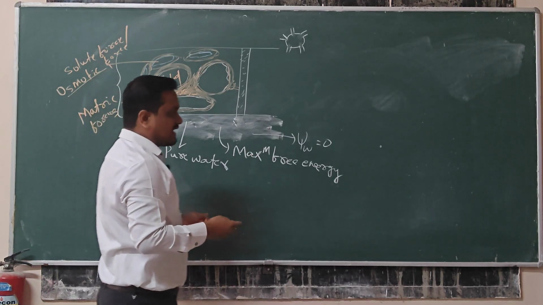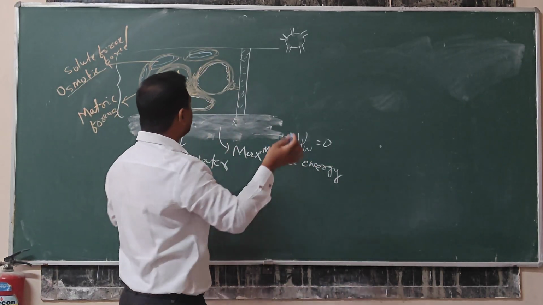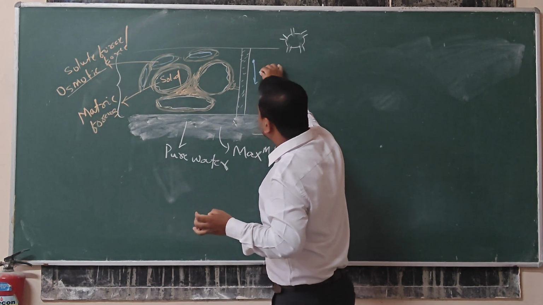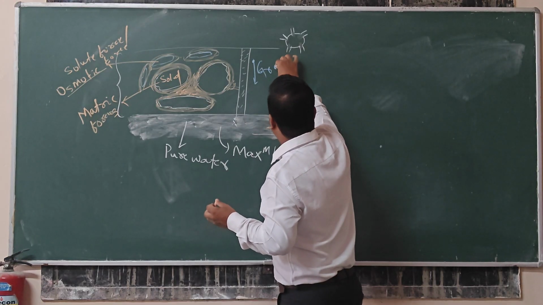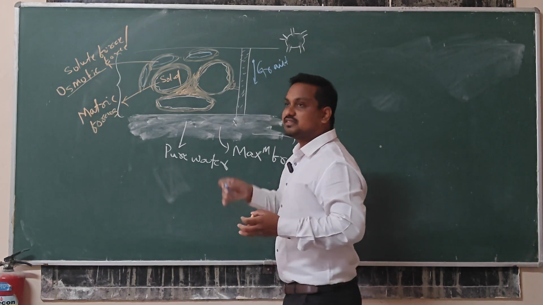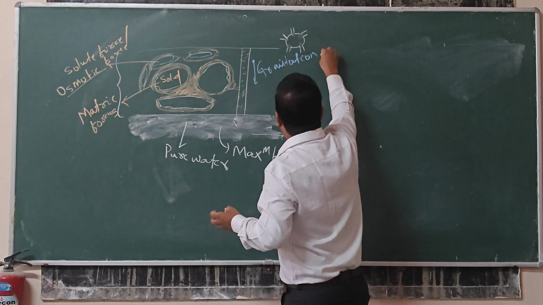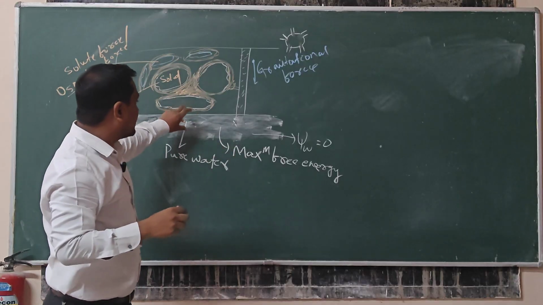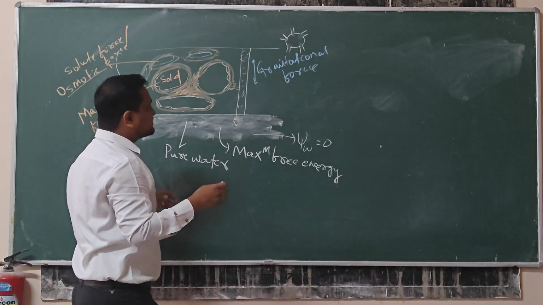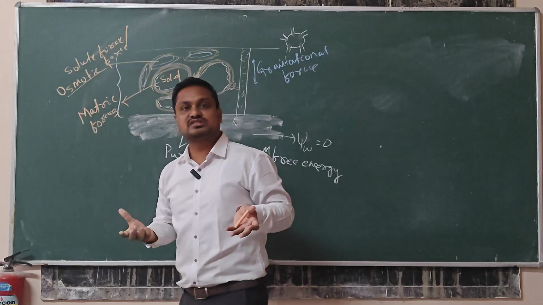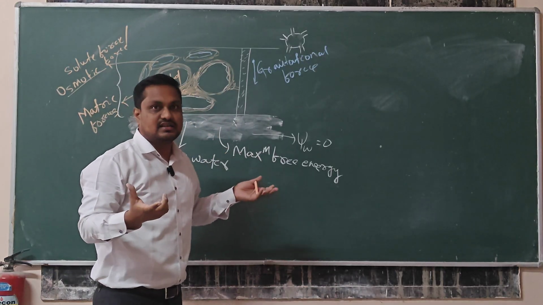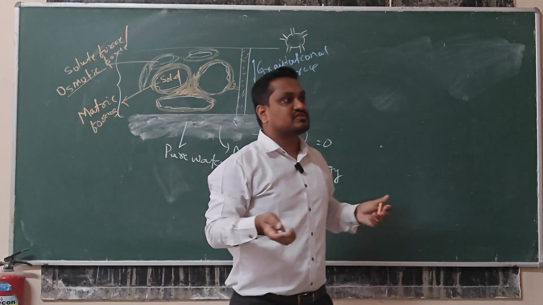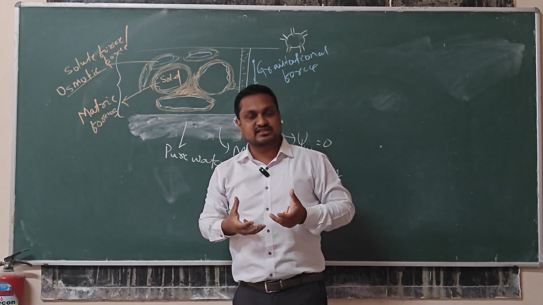Now another force which is universal, acting here and there, is the gravitational force, which pulls all objects towards the center of the earth. And as water is there, there is also a pressure force, or rather pressure potential. In terms of matric forces, this is the pressure potential because of subatmospheric pressure.